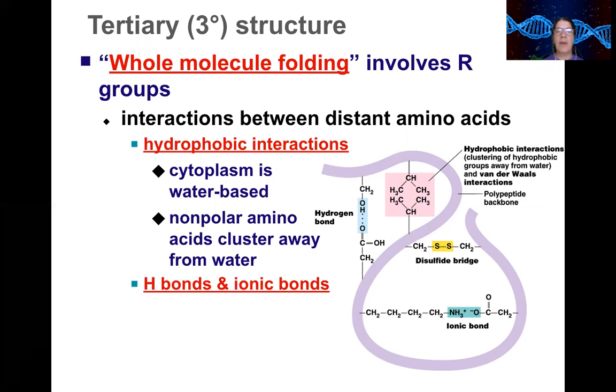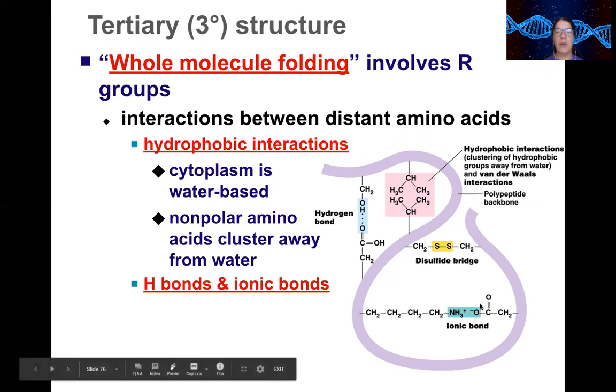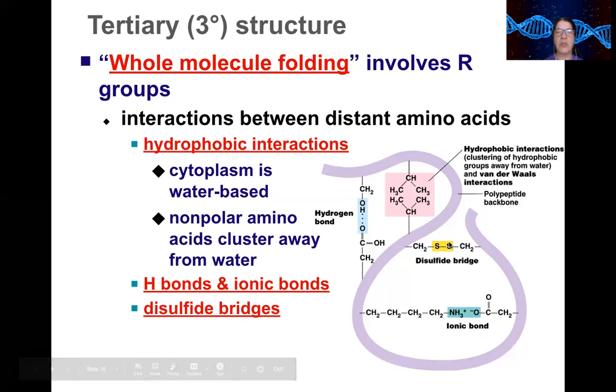We also have hydrogen bonds and ionic interactions. A hydrogen bond is shown here in blue between two polar side chains, and then there's an ionic interaction between two charged R groups right here at the bottom. And finally, we have disulfide bridges.